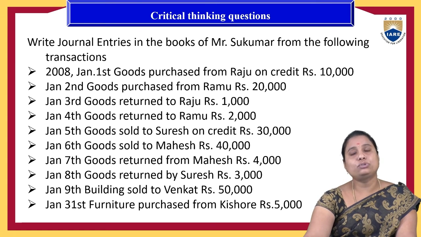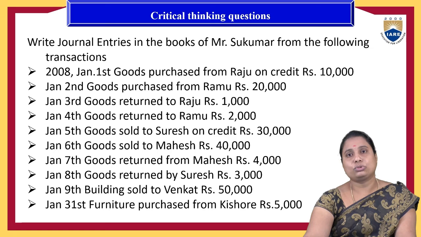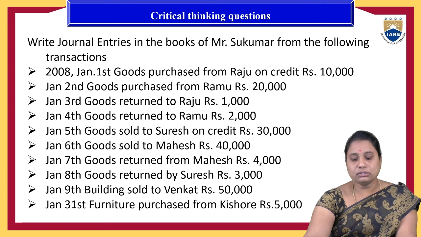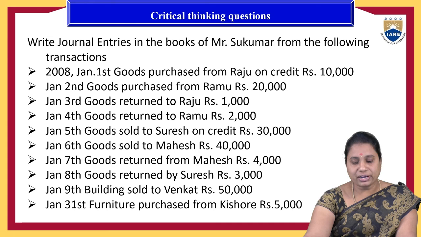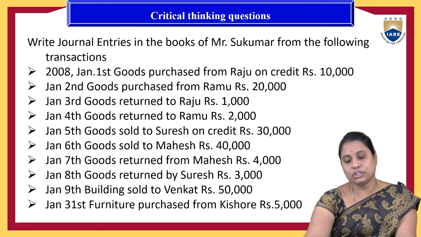Goods returned by Suresh but it is on credit basis means we need to take sales account debit to Suresh account, and building sold to Venkat, that is the cash we have to consider here. Building account and cash account. Cash account debit to building account, and furniture purchased from Kishore.